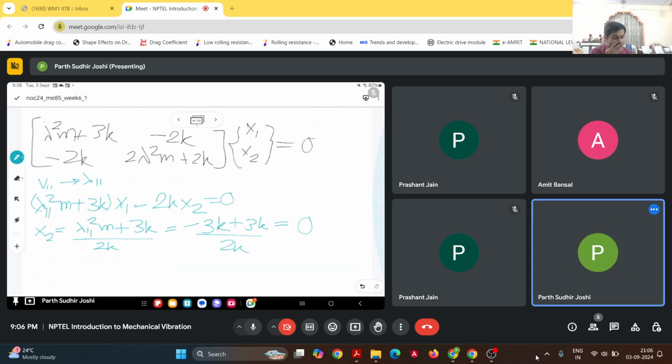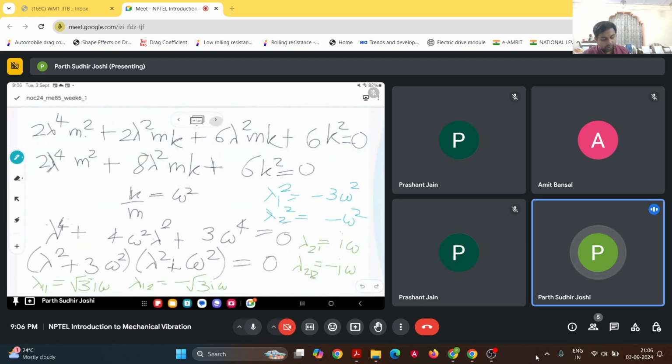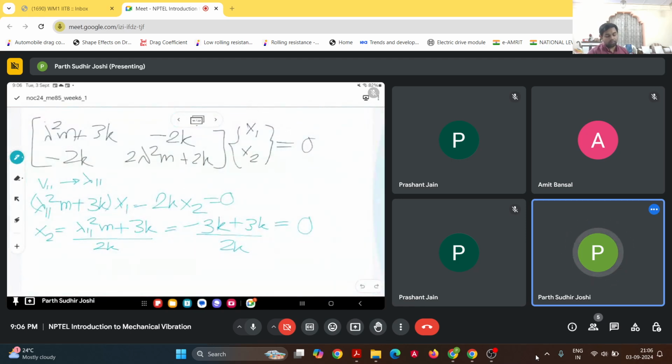Similarly, if we substitute the value of lambda 12 square to get V12, we will end up with the same relation between x1 and x2, or basically the same eigenvector.